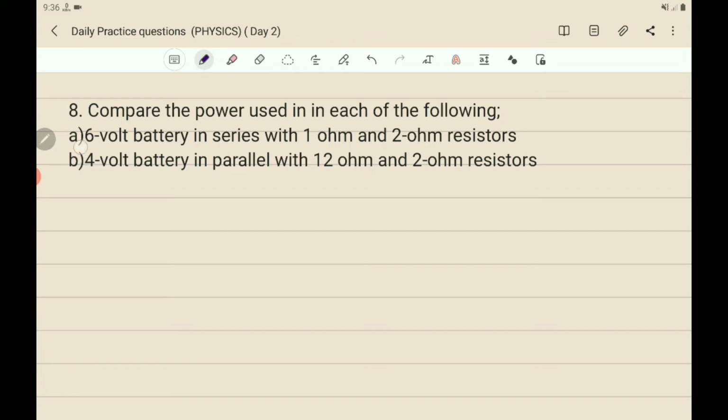So let us find here. First you take A. Then what is given? V equals 6 V is given, and resistance we have to find out. Here it is a series connection. So the 1 ohm resistor and 2 ohm resistor are connected in series. Take R1 as 1 ohm and R2 as 2 ohm.